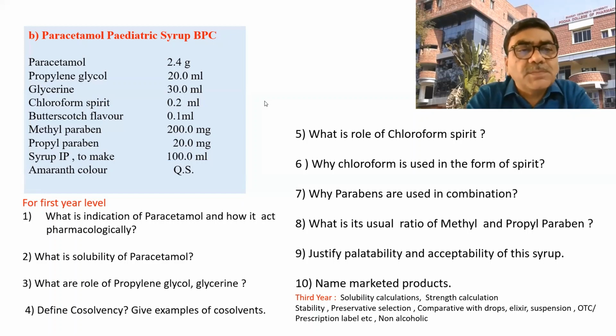Whether that syrup is sufficient to mask the bitter taste of paracetamol, or any other ingredient is present, that is butterscotch flavor, or a third system or mechanism is there.